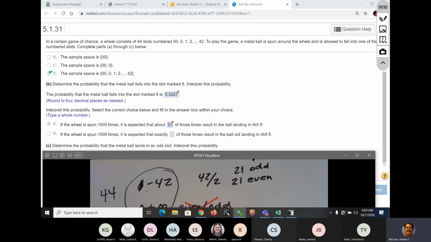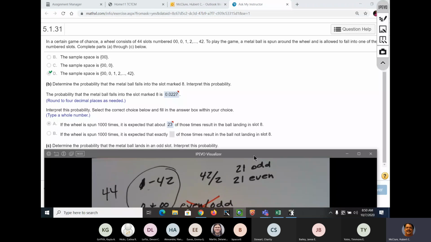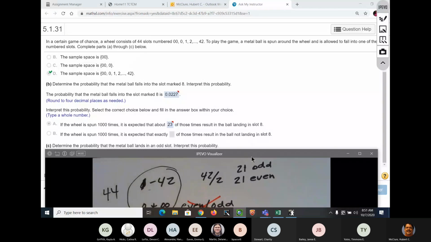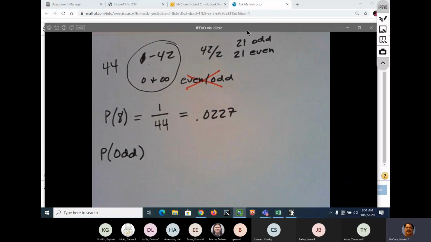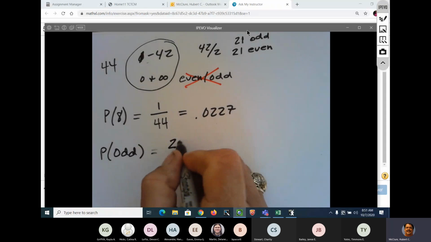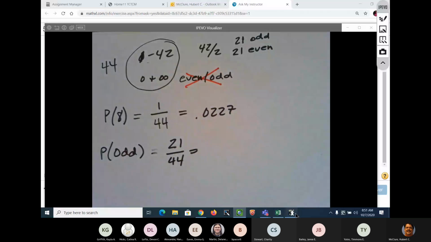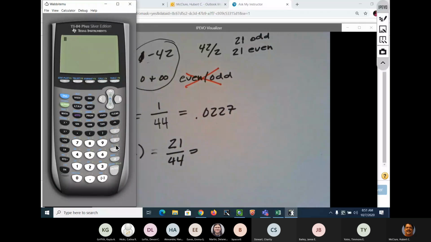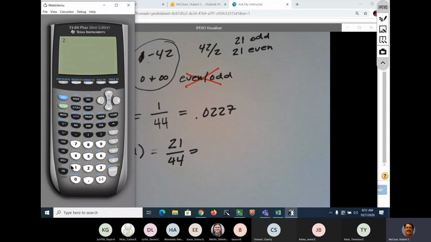Determine the probability that the metal ball lands on an odd slot. How many we got for odd? Somebody tell me how many is odd. 21. 21 over 44. 21 divided by 44. 0.4773.